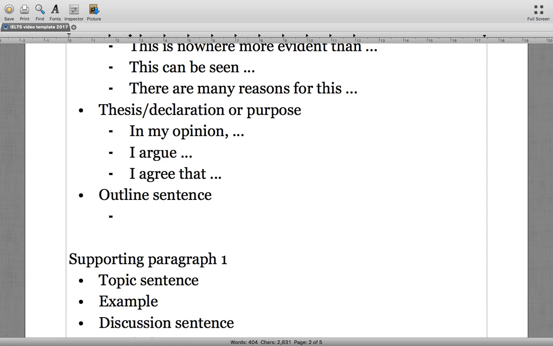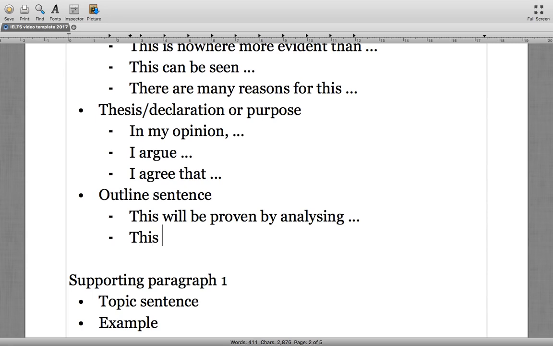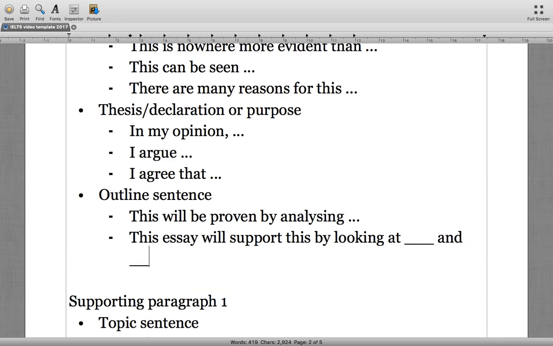But you might start with, this will be proven by analyzing, or this essay will support this by looking at, and then maybe state the 2 areas that are going to come up in your supporting paragraphs.